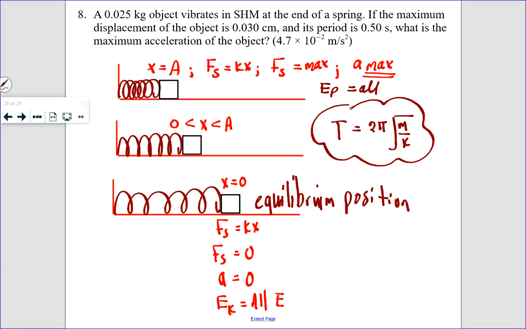You know me, sometimes I want to be very perfectly accurate in what I say. Why are we allowed to set this equal to ma? Forces cancel out. I love the way you said that.